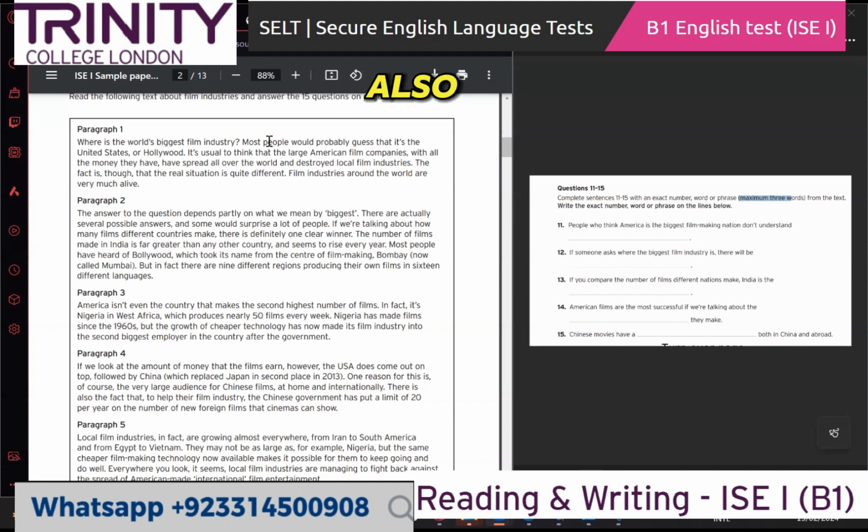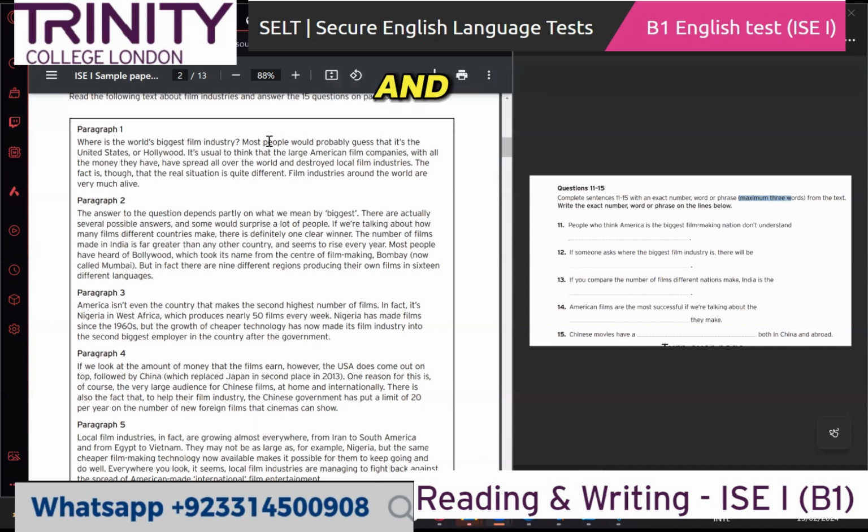The Chinese government has also put a limit of 20 per year on the number of foreign films that cinemas can show.